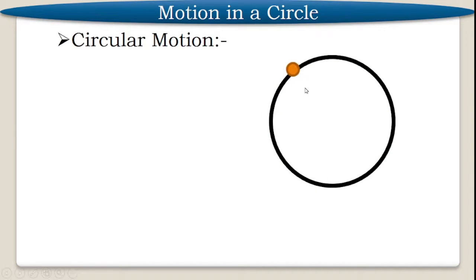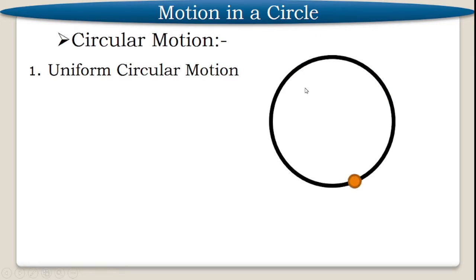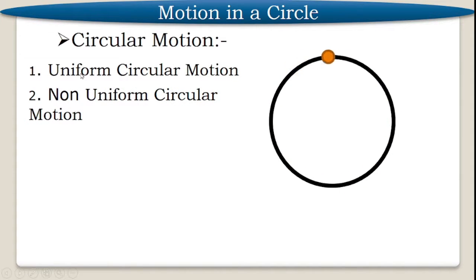Let's see how many types of circular motion there are. There are two types of circular motion. The first one is uniform circular motion and the second one is non-uniform circular motion. So what is uniform circular motion? If an object moves through equal angles in equal time intervals, then it is called uniform circular motion.